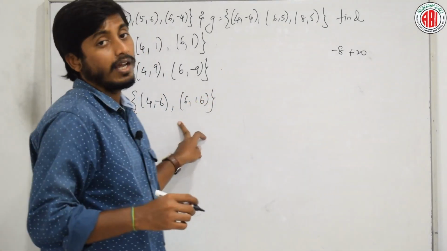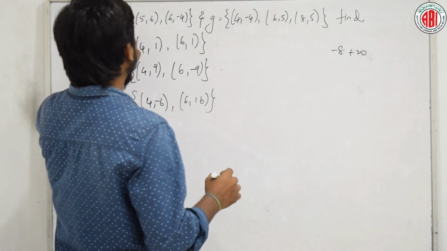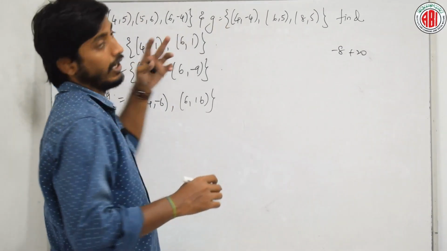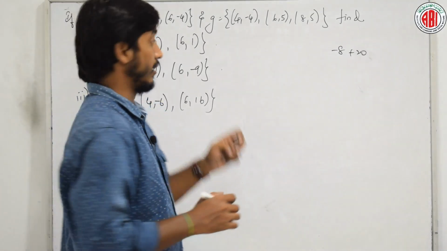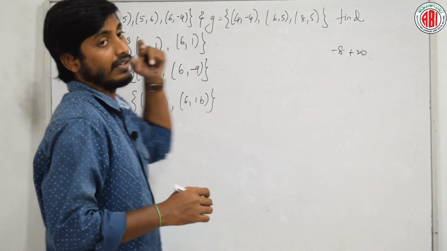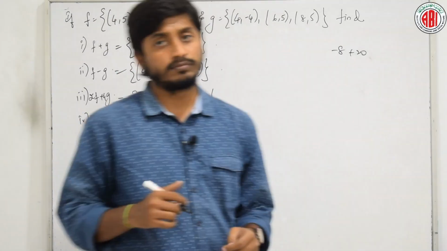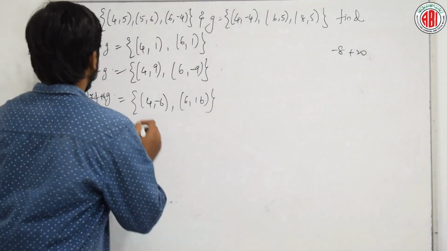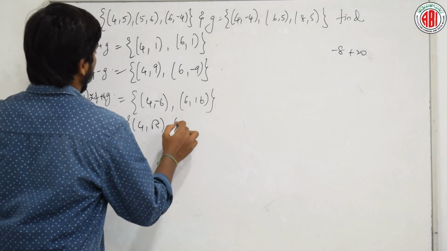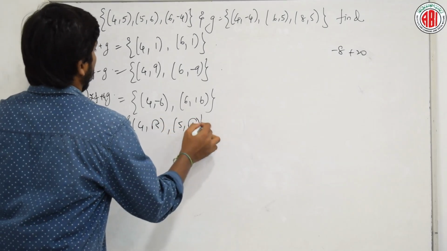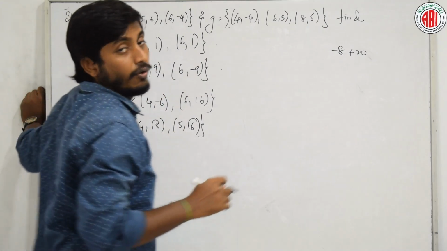Next, f square. How do we do? f square is again for the same common terms only we can do, that is for 4 and 6. Is it clear? Or else for the numbers for which the square root is possible. Okay. See here, for this, 4 root 5 and 5 root 6. Can I write for this? No. Why?